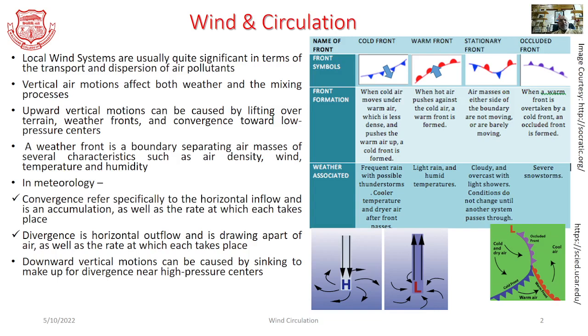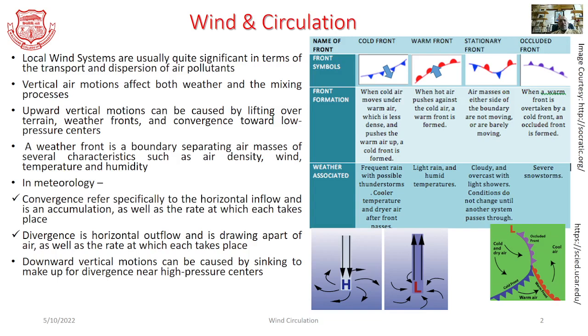Let's have a brief review as far as the wind systems are concerned in the context of air pollution. As the pollutant is emitted from a certain source, it moves according to prevailing wind patterns.